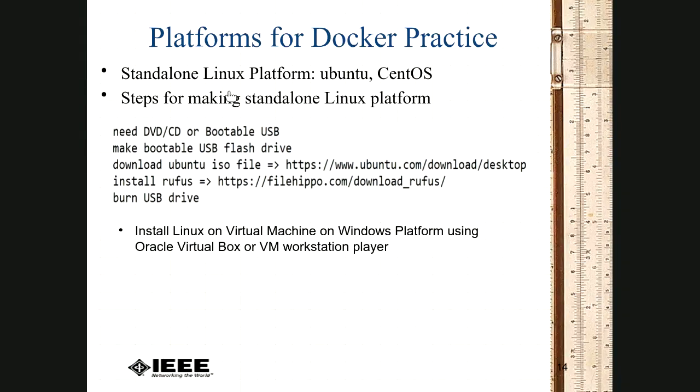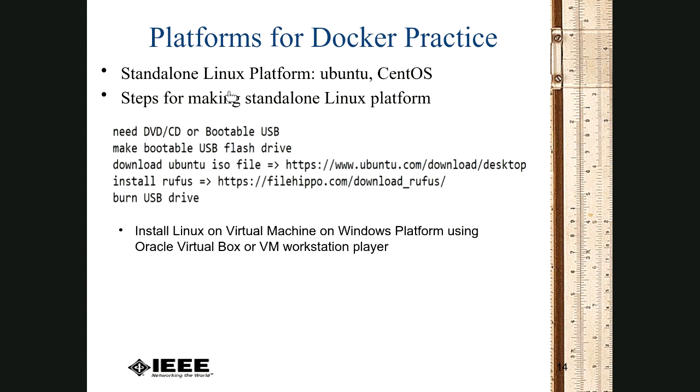Another important thing is that if you decide to convert your laptop or desktop into a Linux machine, you should enable the virtualization feature on that machine. For this purpose, you need to run the setup program of your machine, go to the virtualization option, and choose enable.